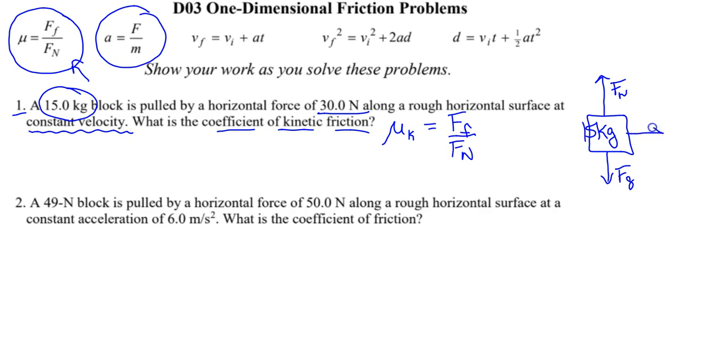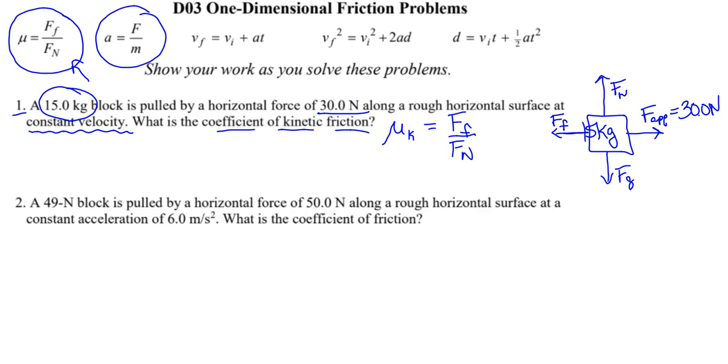Our horizontal force being pulled is 30 newtons, so our force applied is 30.0 newtons. And then at some point we're going to need to find the force of friction in order to determine the rest of this.